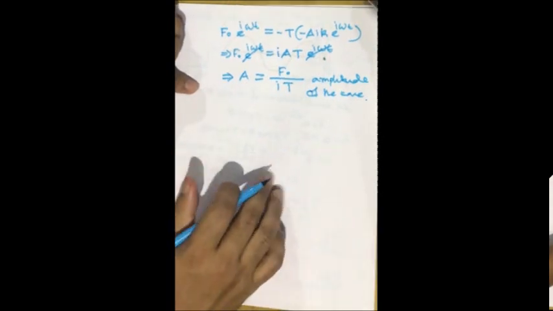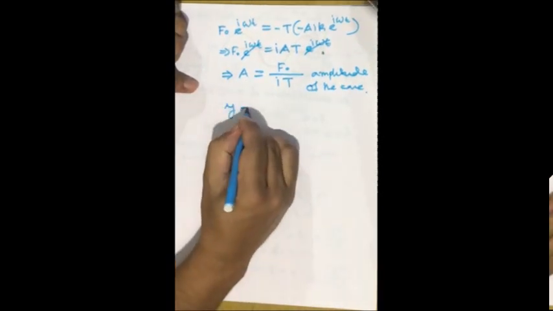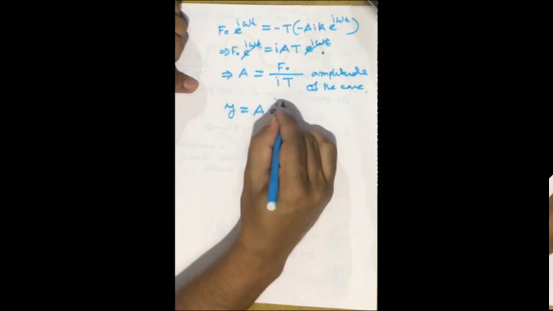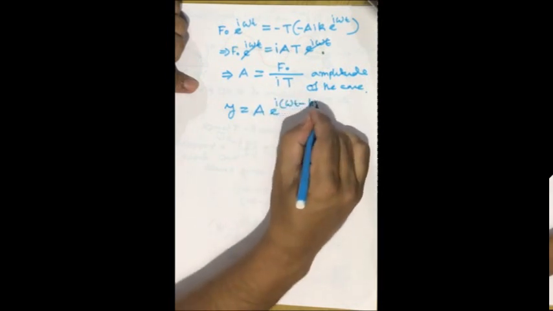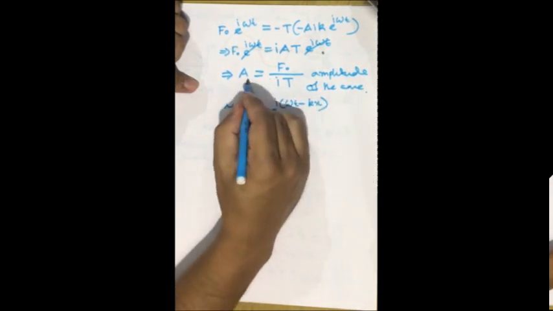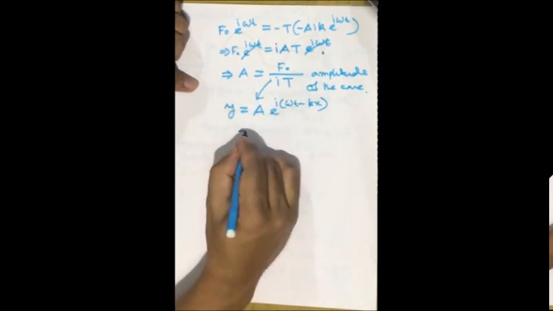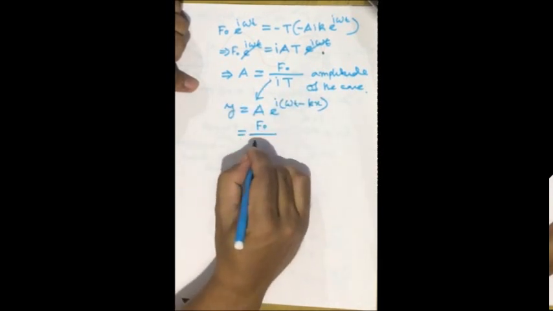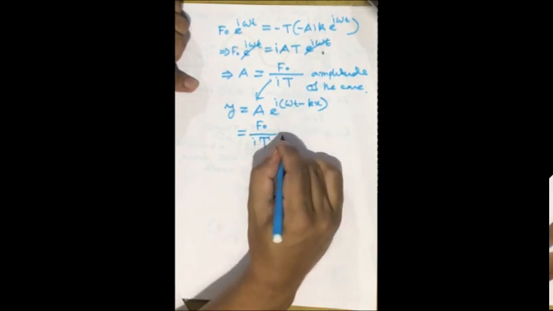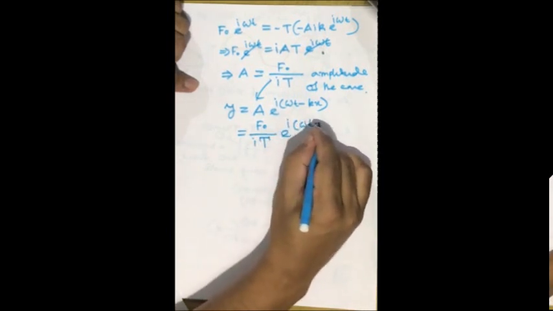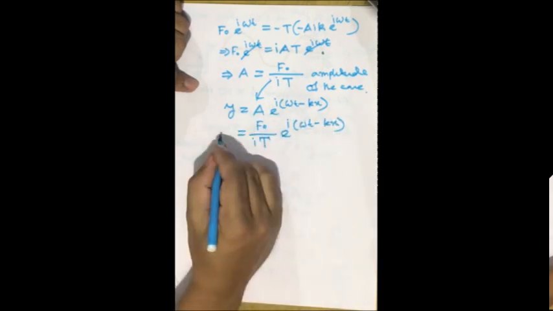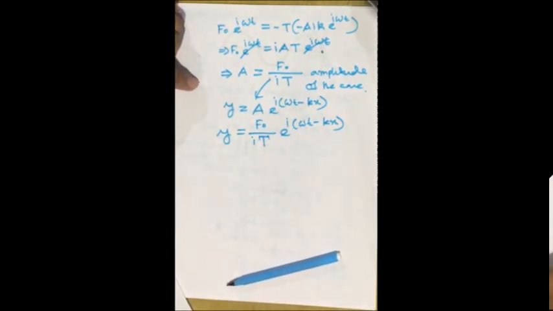Now since we have written the displacement y as A e^{i(ωt − kx)} in complex notation, we can replace A with F₀ divided by iTk, where T is the tension of the string. So this is the displacement of the string.